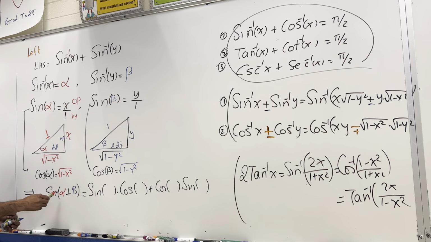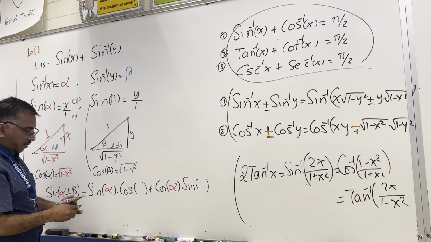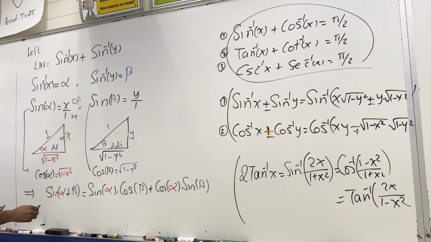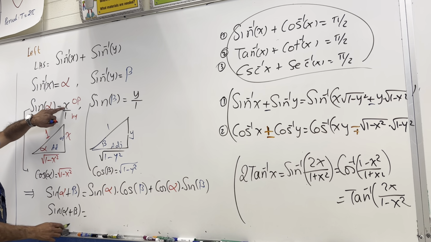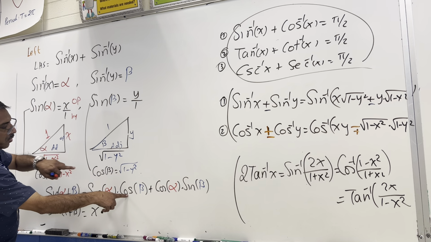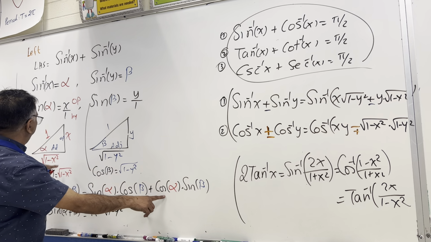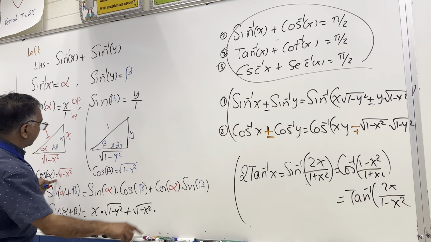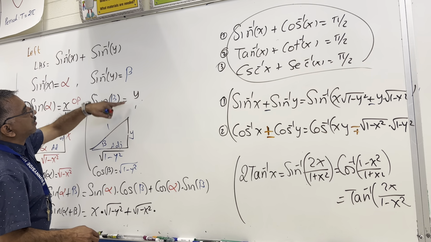So you just have to replace. And what is sine alpha? Sine alpha is x. And cosine of beta is square root of 1 minus y squared. Cosine alpha is root 1 minus x squared. And sine beta is y.